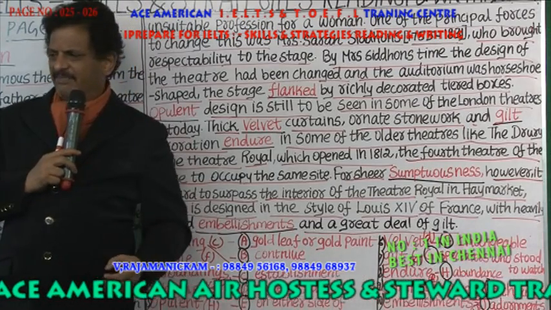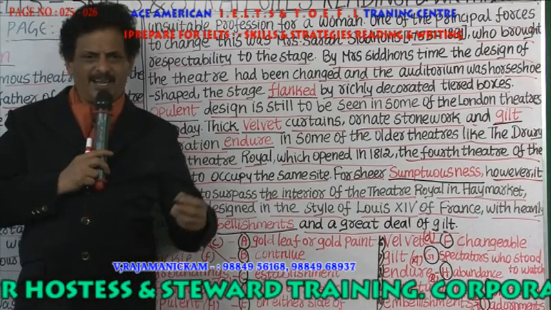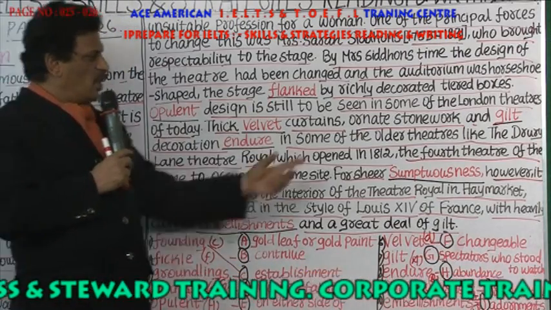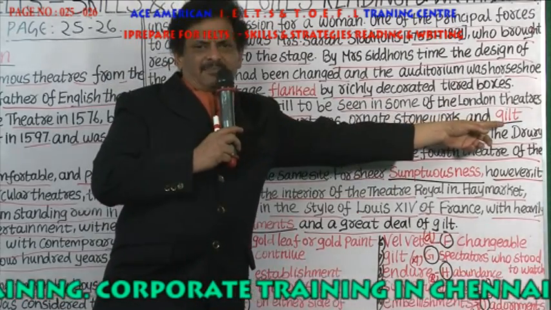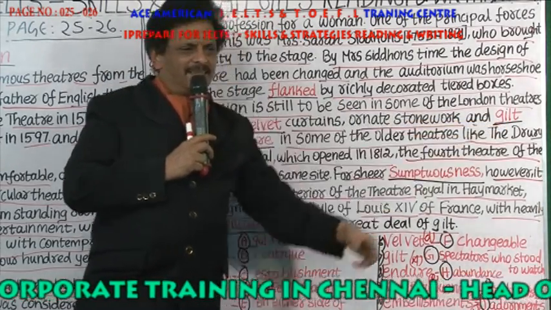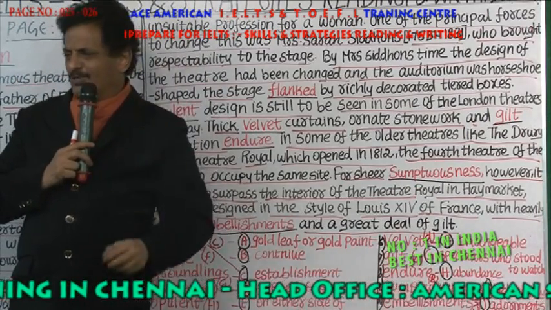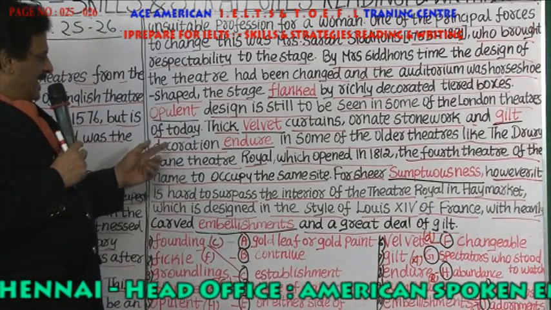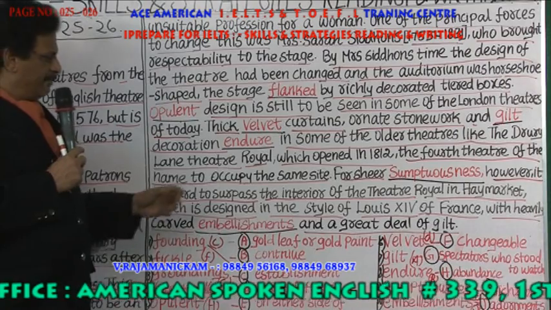Velvet என்றால் என்ன? அது ஒரு வகையான துணி, fabric என்றால் துணி. So velvet curtains. Ornate என்றால் என்ன? அலங்கரிக்கிறது, stone work and gilt. Gilt என்றால் என்ன? தங்க முலாம் பூசப்பட்ட, covering gold என்று சொல்வோம். So gilt decoration, தங்க முலாம் பூசப்பட்ட அலங்கரிக்கப்பட்ட.